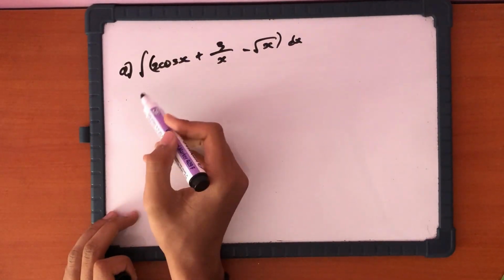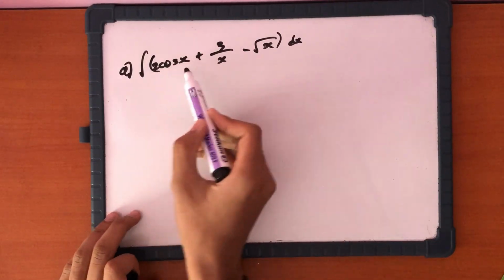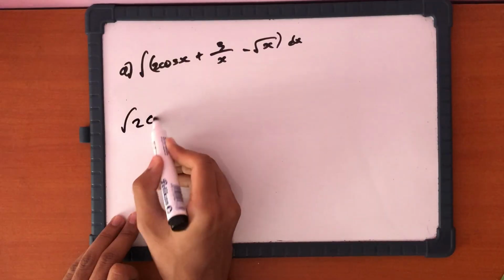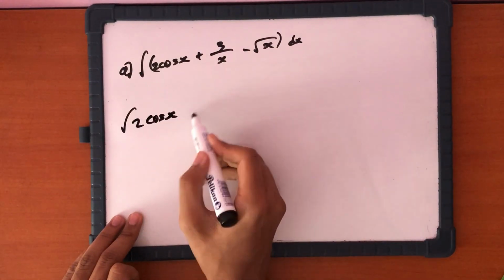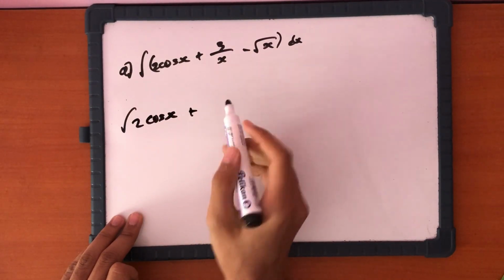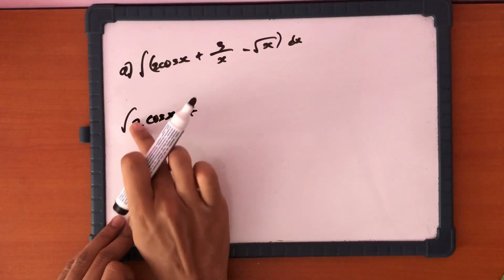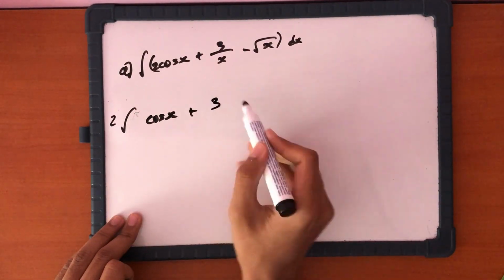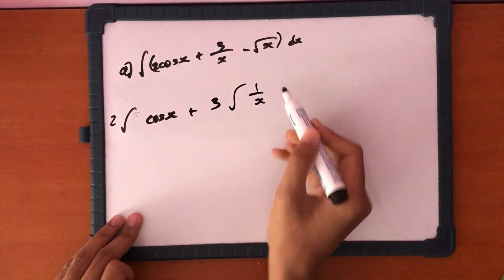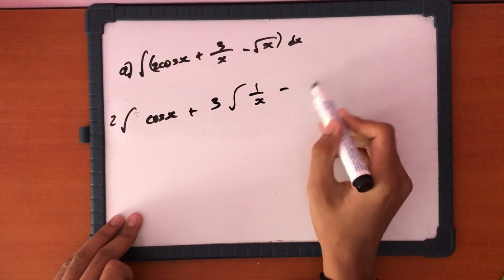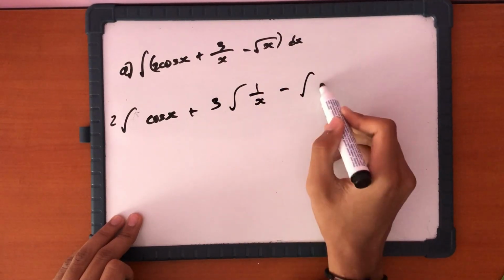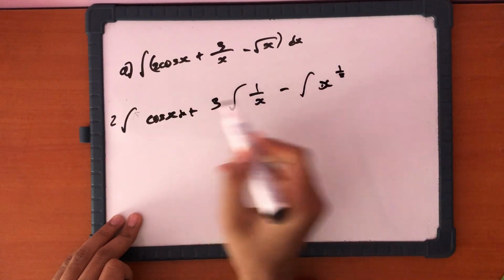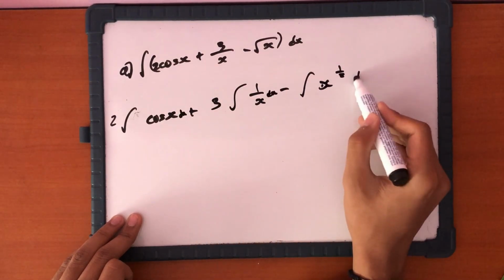You don't need to write this out, but I'm showing a fact about the integral sign. Again, we can remove the constant, so you can move the 2 outside, plus 3 times the integral of 1 over x, minus the integral of root x, which is x raised to half. And obviously all these places need dx, otherwise it doesn't make sense.